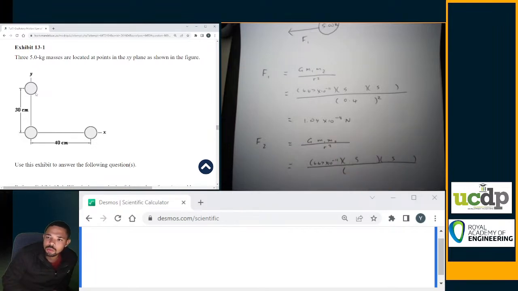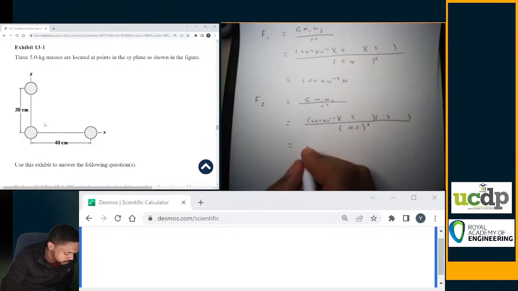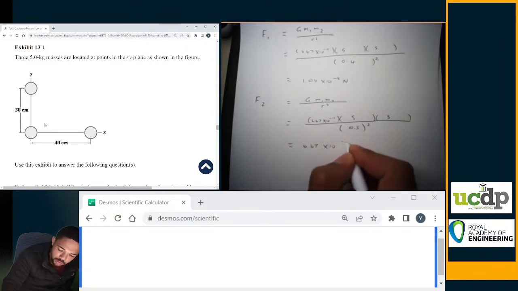In this case, I'm talking about the distance between these two now, and according to Pythagoras, the distance is 0.5 meters, and it should be squared, giving us a force between those two equal to 6.67 times 10 to the negative 9 newtons.